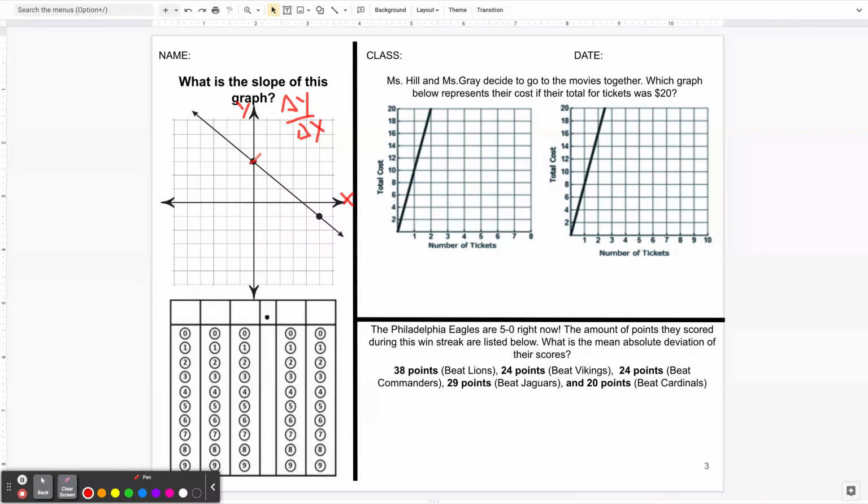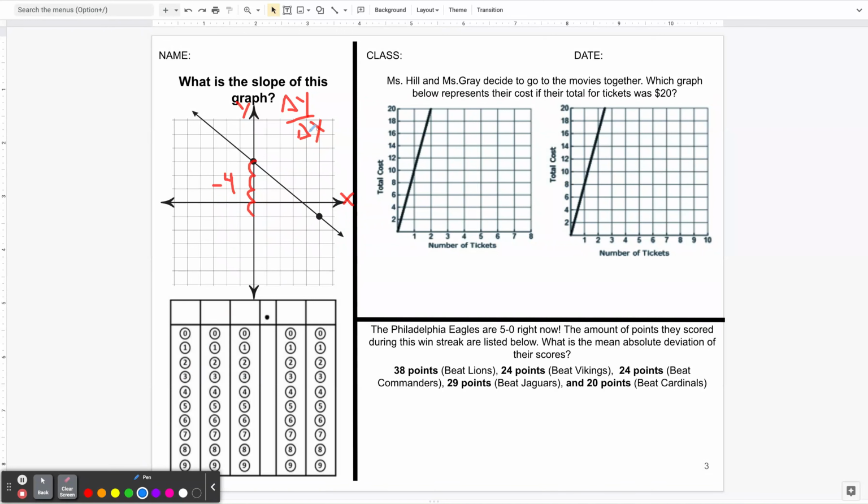So our change in y, it's going down how far? From corner to corner: 1 time, 2 times, 3 times, 4 times. So to get from this first point to the second point, I had to go down 4 squares. That's my change in y.